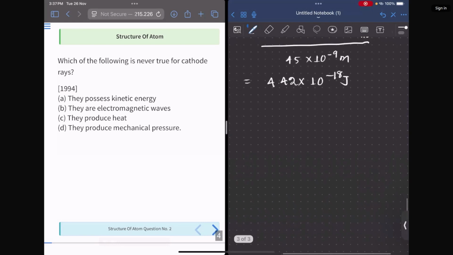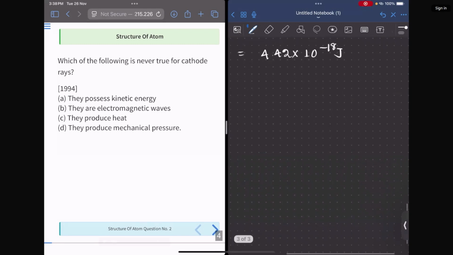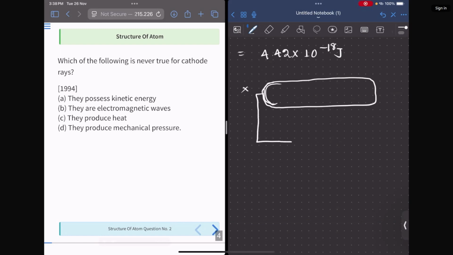we have to know what cathode rays are. If you draw a vacuum chamber and connect it to a high voltage supply, and here are the two electrodes, anode and cathode.